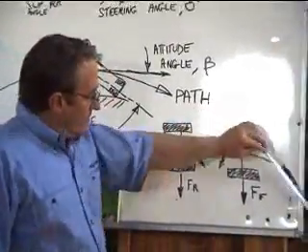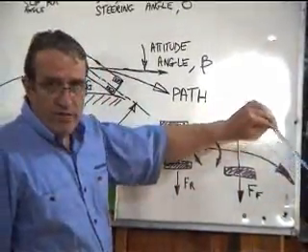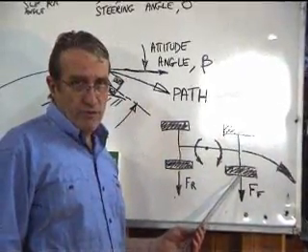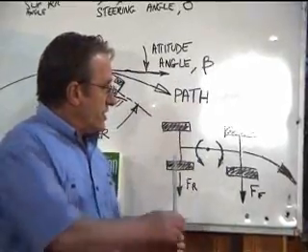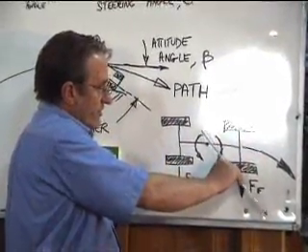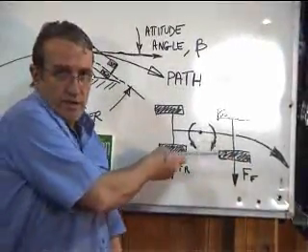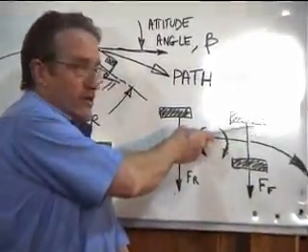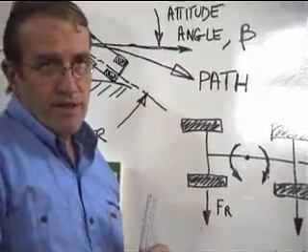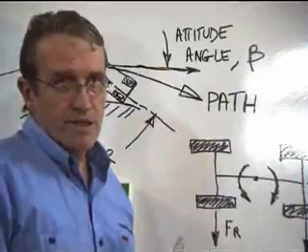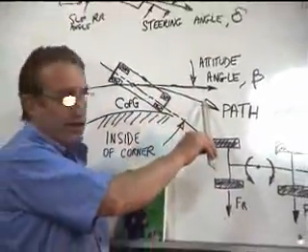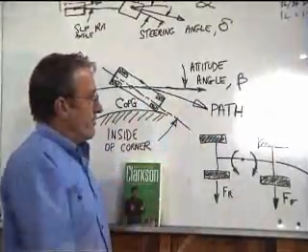There's the path that the vehicle is travelling in the corner, and this is the lateral force at the front. You can see that force would cause a rotation of the car in this direction. And then at the rear, we've got a force that would cause the car to rotate in the opposite direction. Now, if these two are in equilibrium, then we say that the car is in neutral steer, so it will follow the path that we intend for the vehicle, like so.